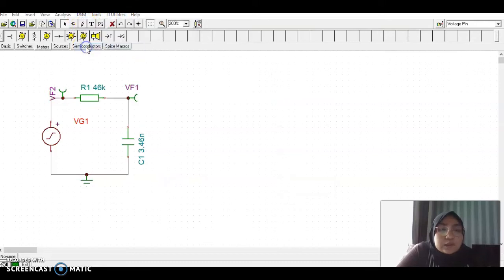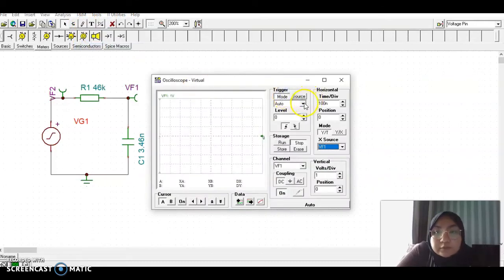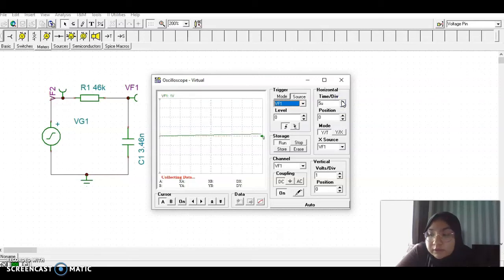Here the mode I put as normal, the source from CF1. I need to adjust first to make it obvious.